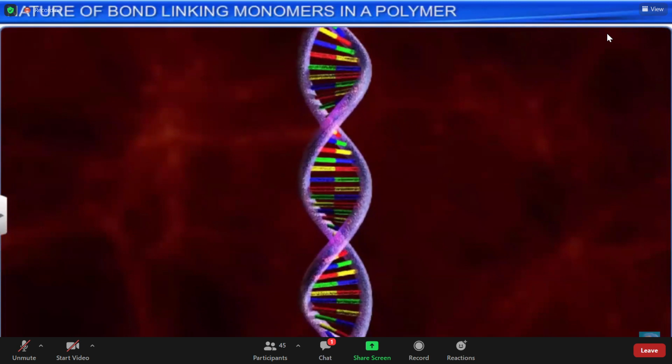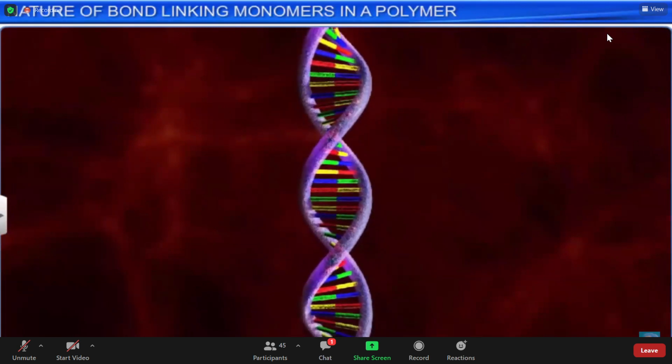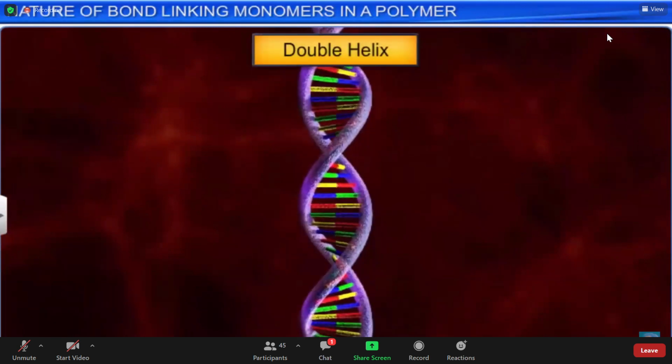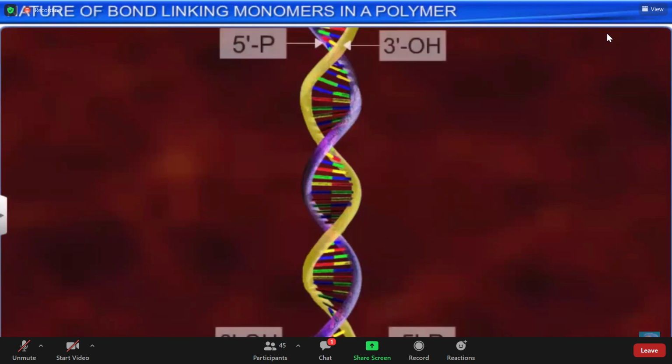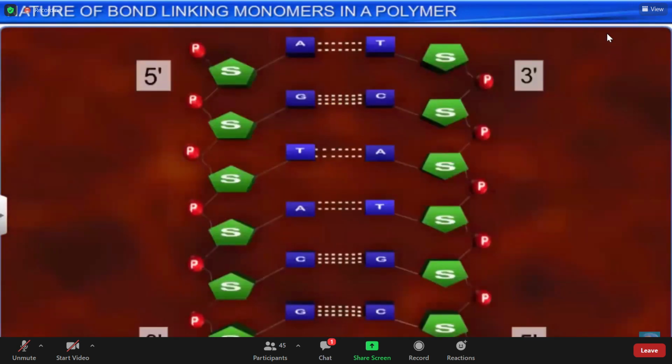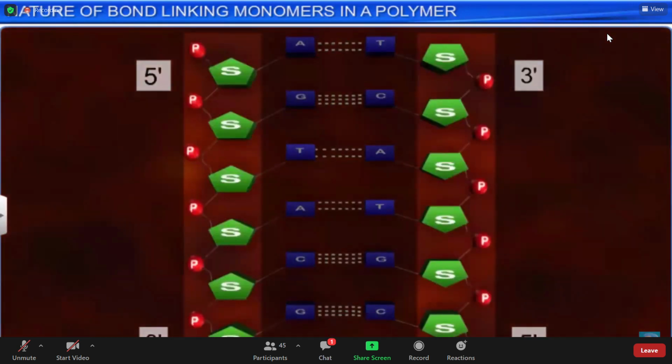Some of the features of B-DNA are that it exists as a double helix. Two strands of polynucleotides run in opposite directions. In other words, they are antiparallel. That is, one strand runs in 3' to 5' and the other strand runs in 5' to 3' direction. The backbone of DNA is formed by a sugar-phosphate chain.